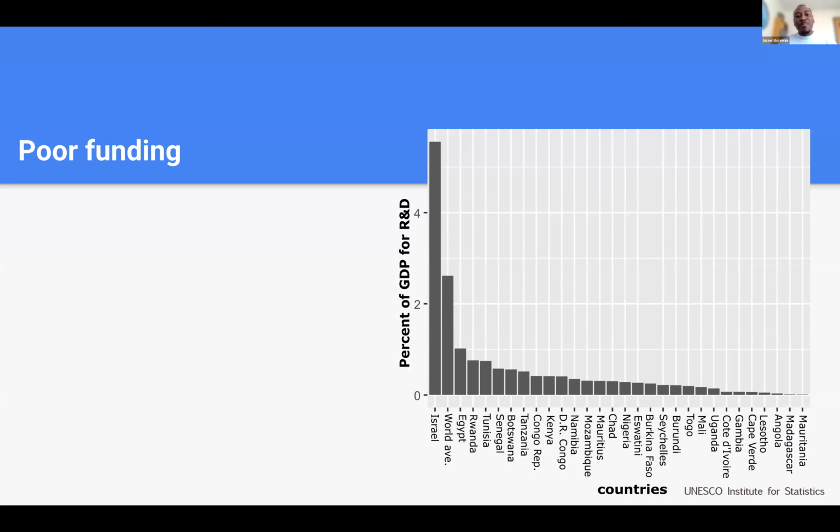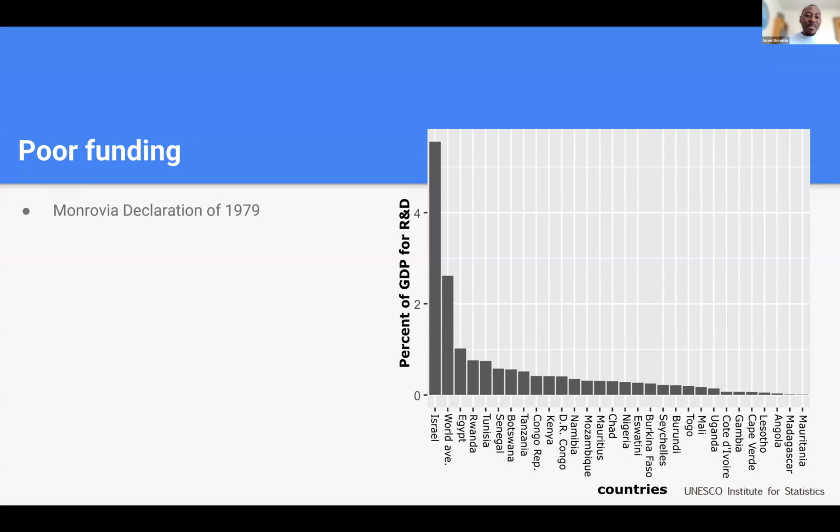Poor funding is a major problem in Africa. I'm going to be going through what the challenges and problems are, and then moving forward into how we can solve them, what the solutions are.